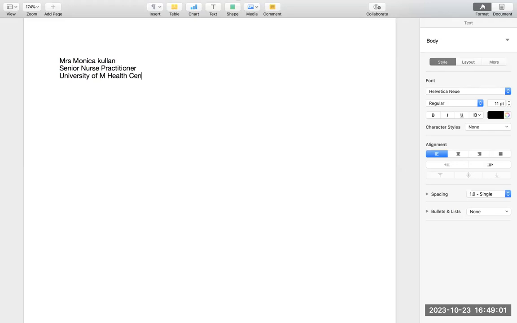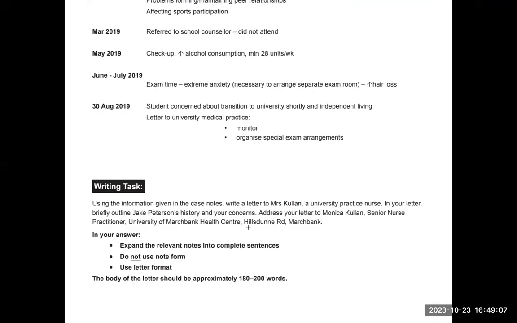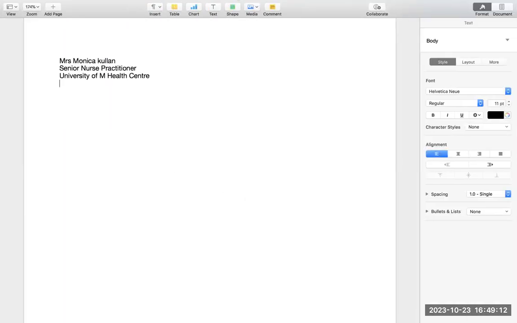And complete this word as well. It's a big one, so I'm not writing it to save time. Then Hills Dune Road, Marsh Bank. So that is how you write the first thing in your final exam.